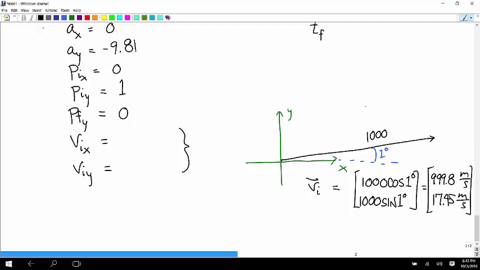Okay, and so what we're going to see, since the x and y motions are independent of each other, you can forget about this and just think, how long would it take for something to hit the ground if you took it at 1 meter up in the air and threw it at 35 miles per hour up? It's going to go way up into the air, and it's going to take a long time before it turns around and comes back and hits the ground.